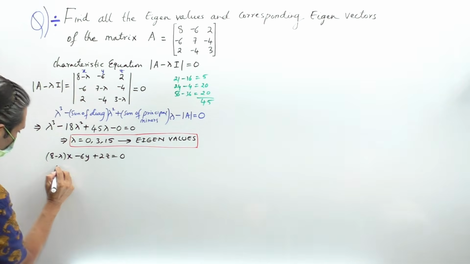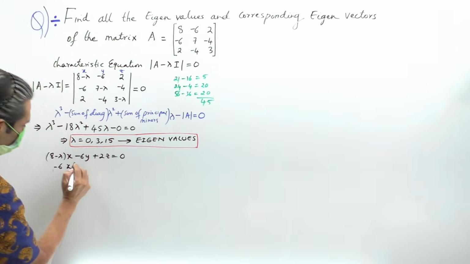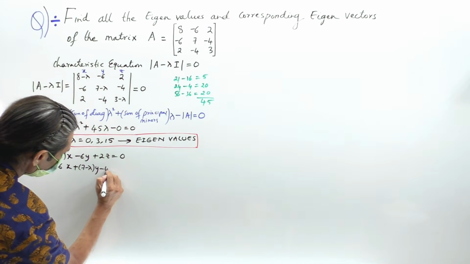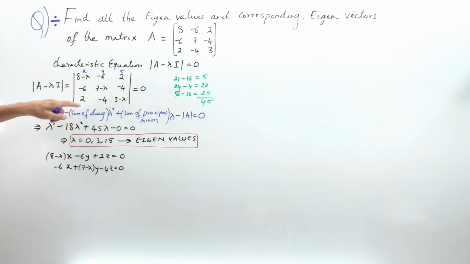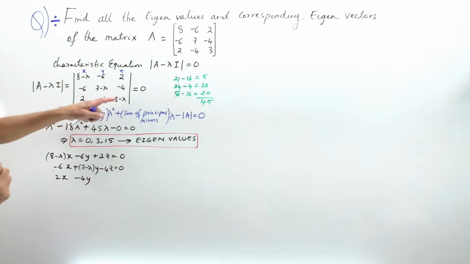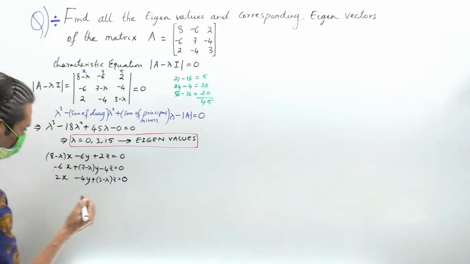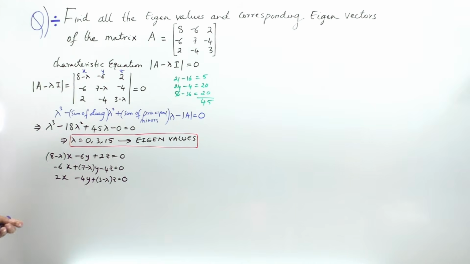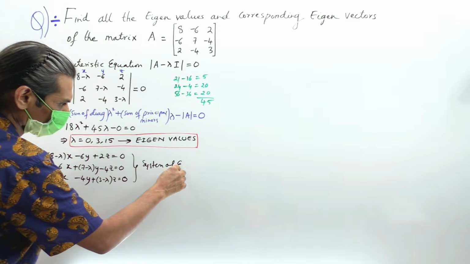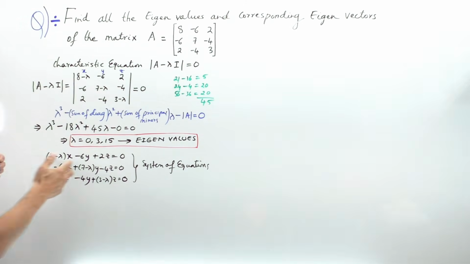Then minus 6x plus 7 minus lambda into y minus 4z is equal to 0, and lastly 2x minus 4y plus 3 minus lambda into z is equal to 0. This clearly indicates a system of equations. I write here system of equations.